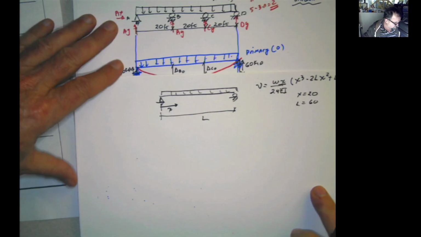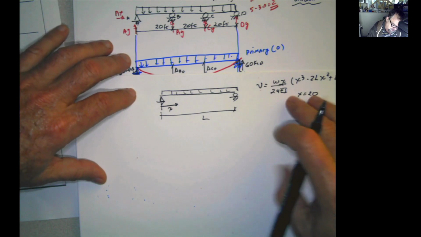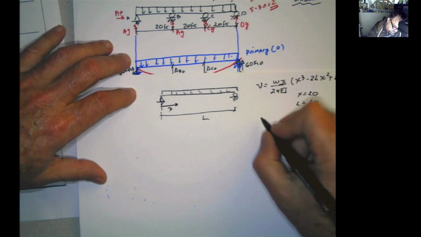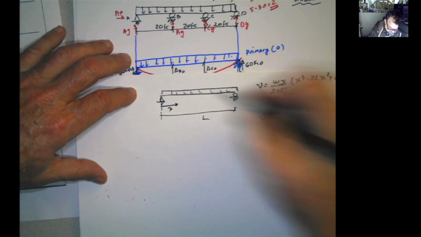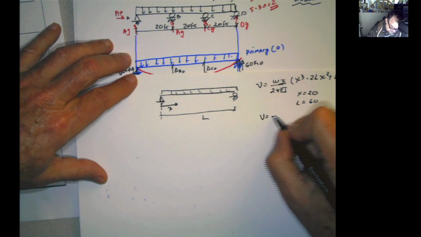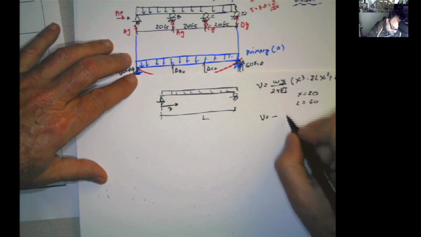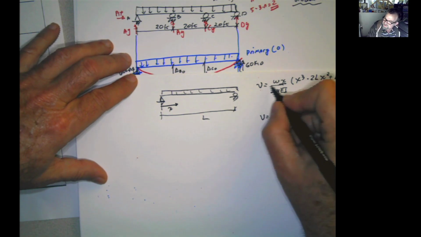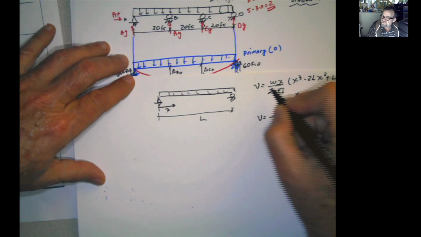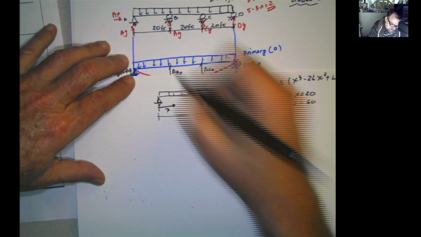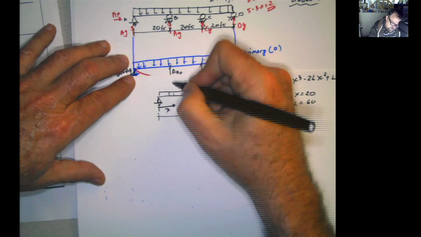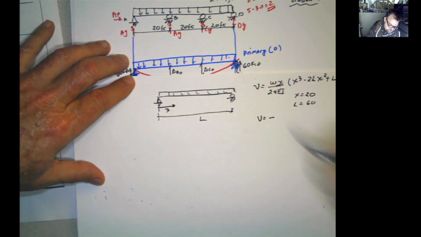So then I just have to plug this into that equation, and I get negative, because it's coming downwards, negative. I don't like to put the sign in the equation. The equation actually has a negative sign here, but I like to say, oh, this is a negative deflection because it's going downwards, and I take control of that.